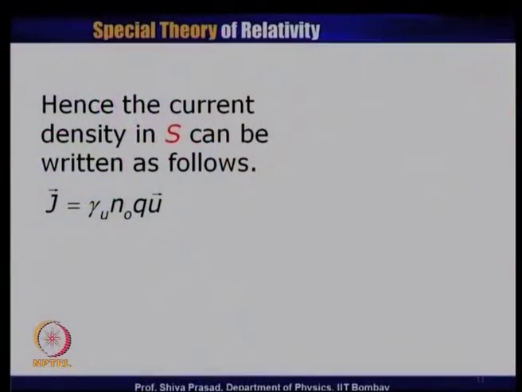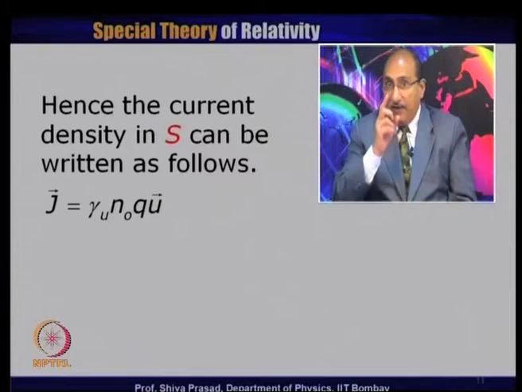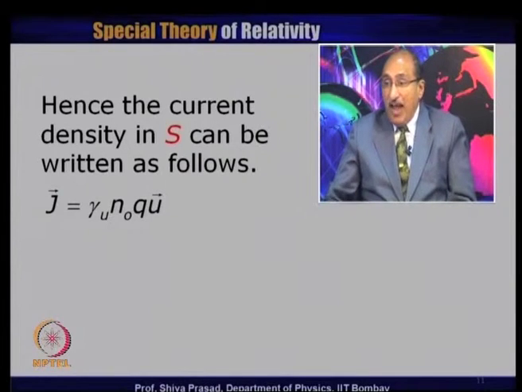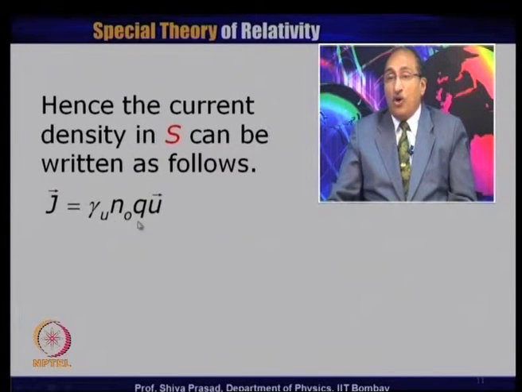Hence, the current density, if I have to write in S frame, I have to write the total number of charge carriers per unit volume, which I have earlier written as n, and this will actually be gamma u times n naught, where n naught is actually a 4-scalar.